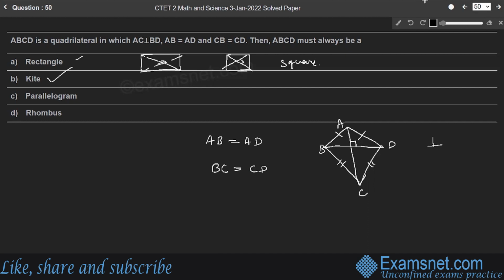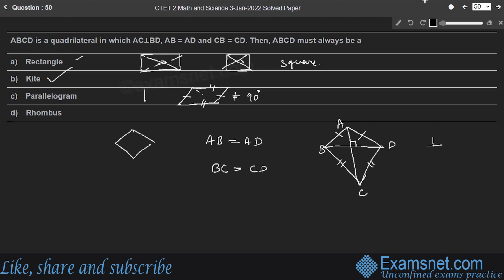Right? Come to the case of parallelogram. So here, parallelogram, in which diagonals do not bisect each other at 90 degree and also opposite sides are equal, not the adjacent side. Right? Whereas in case of rhombus, all sides are equal.